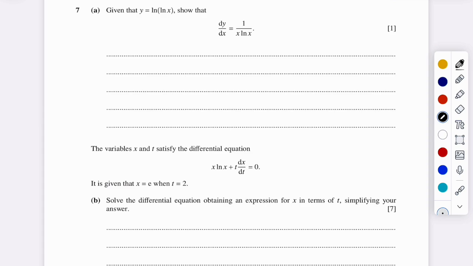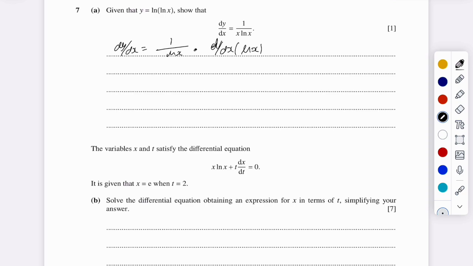Well, dy/dx, knowing that y is equal to ln of ln x, is simply going to equal 1 over ln x. Then you apply the chain rule here. It's ln of ln x, so 1 over ln x times d/dx of ln x.